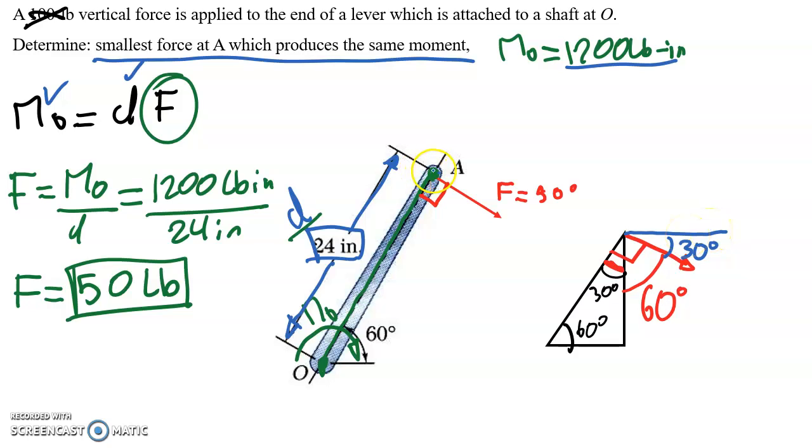So we can just place an auxiliary line and state that this angle is going to be 30 degrees.